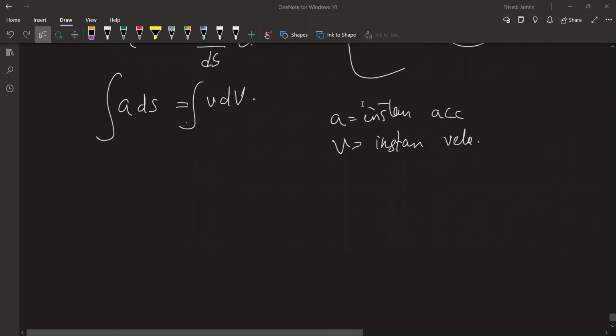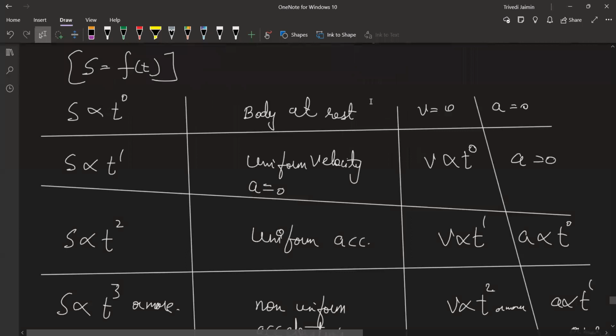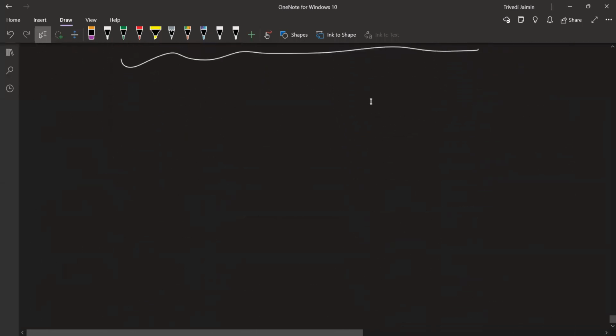Anything else? Equations of motion. Yeah, equation of motion.